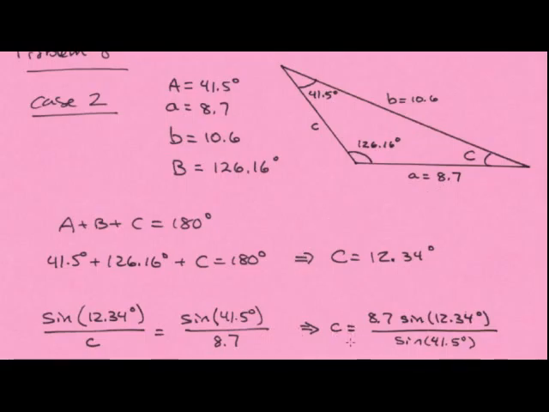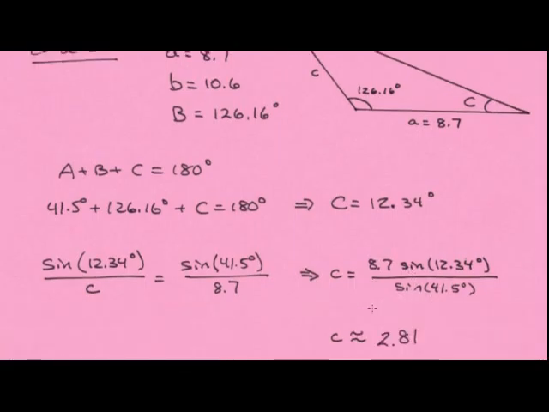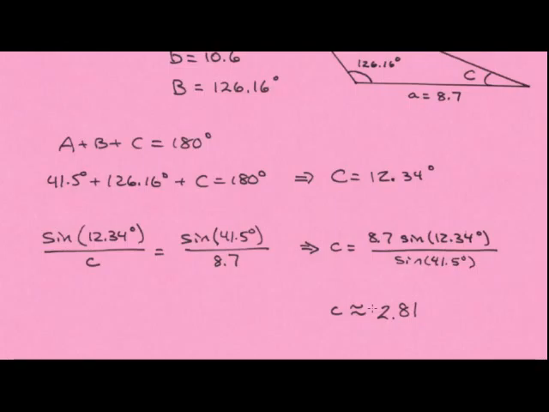So we plug those values in and solve for side C. We get C is going to be 8.7 times the sine of 12.34 degrees divided by the sine of 41.5 degrees. Plugging all that into the calculator, we get that C is going to be approximately 2.81 units long.